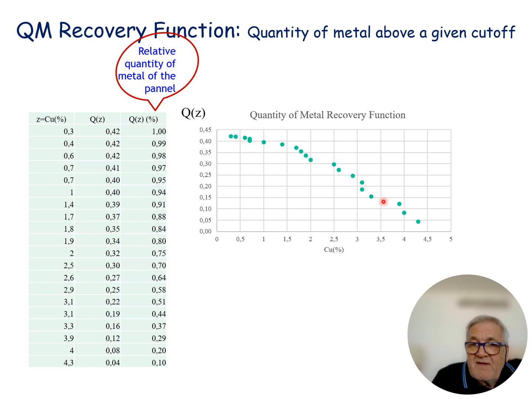Here it is. We can also represent the quantity of metal in relative terms. The total quantity of metal of the panel of 20 blocks is 0.42 tons, so this is 100%, then 99%, and so on. You can represent it in relative terms, a decreasing function as well.